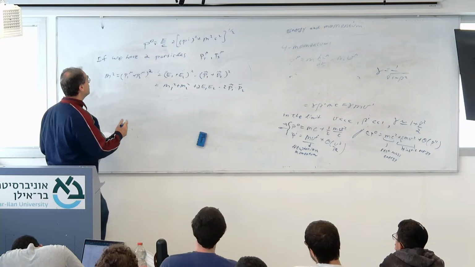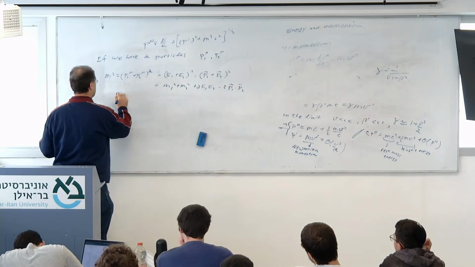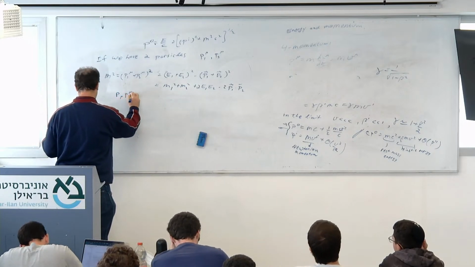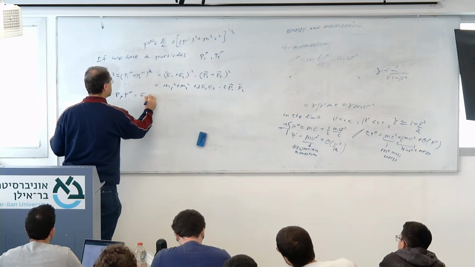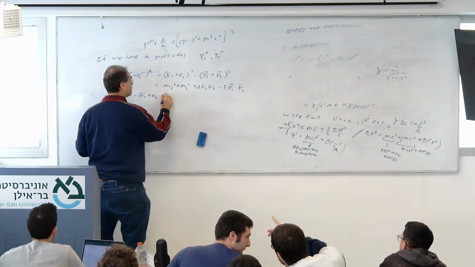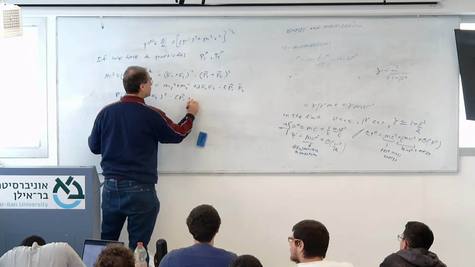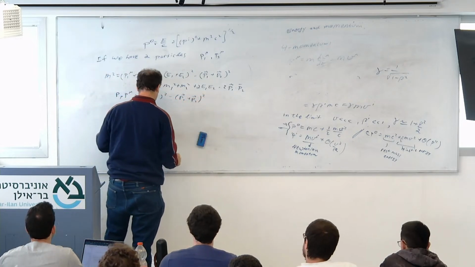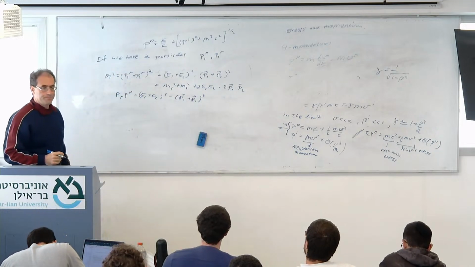So this quantity, P mu, which is (E1 plus E2) squared minus (P1 plus P2) squared, has a name. What's the name?